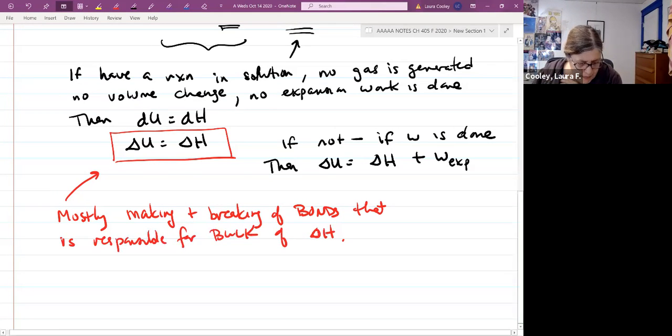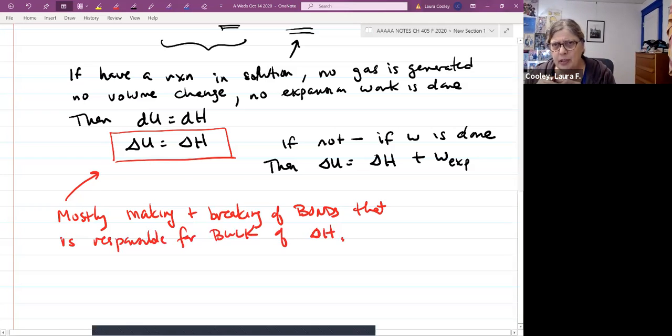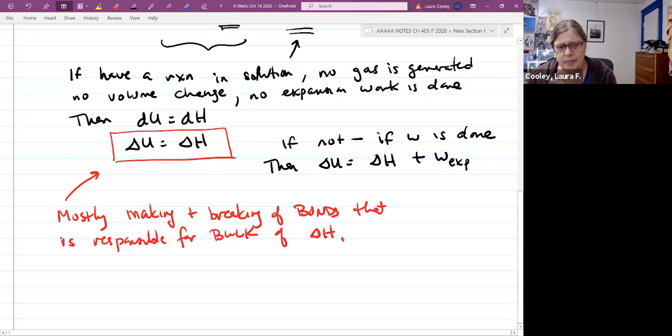So this is why in Gen Chem, there are some Gen Chem books that spend pages talking about the relationship between delta U and delta H, and I just try to gloss over the whole thing and say, let's talk about constant pressure, and then we can just call one the same as the other. And I don't bother too much with whether work was done or not.